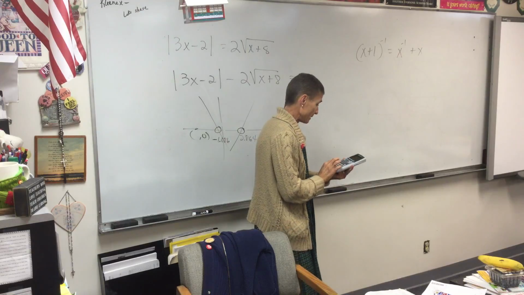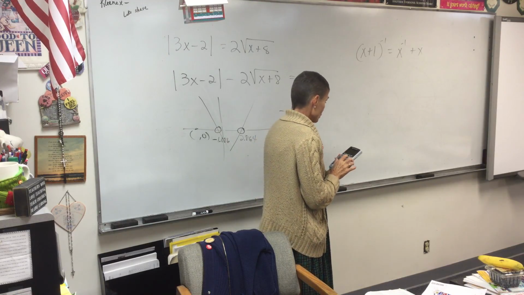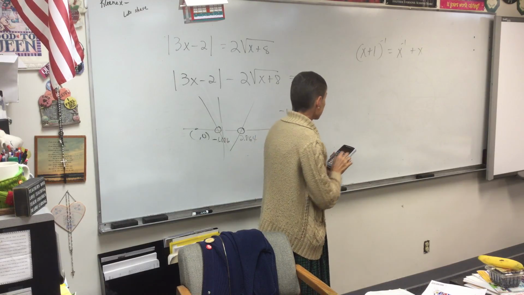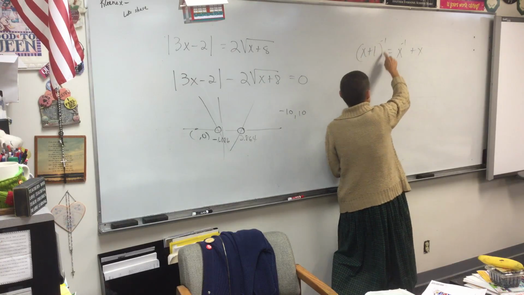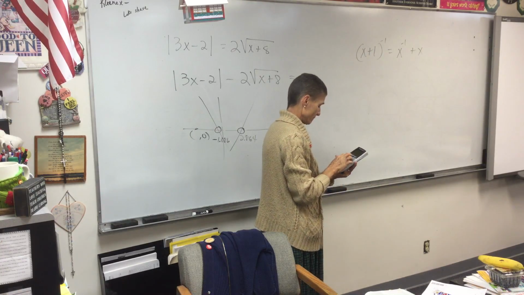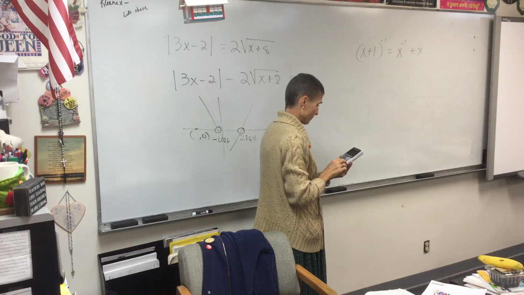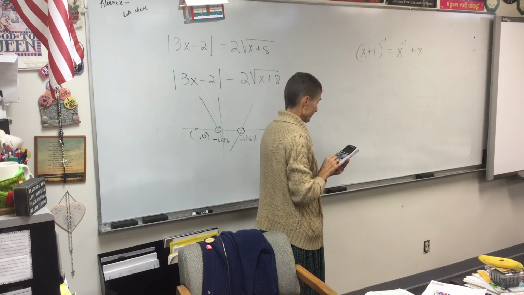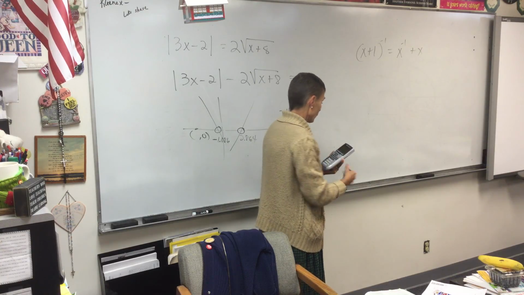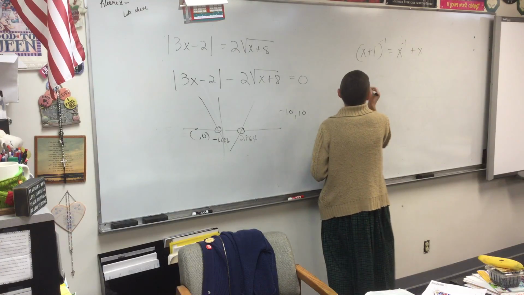And I'm just going to type it in. I'll adjust my window as necessary. You do need these parentheses though. Be sure you put those in. Oh, let me get it set equal to 0.